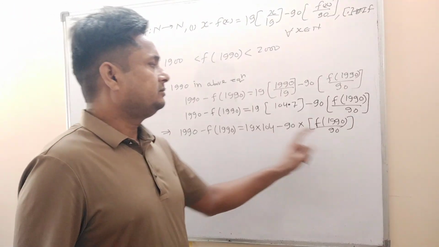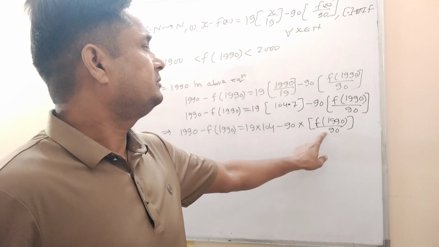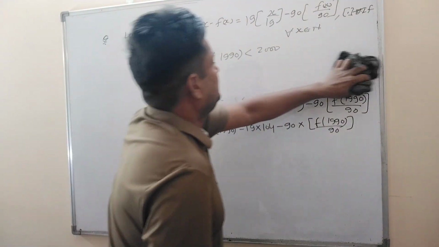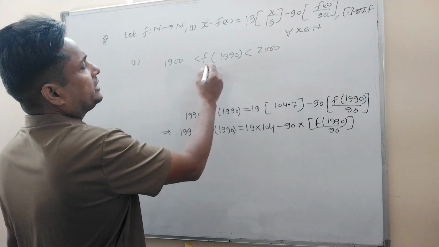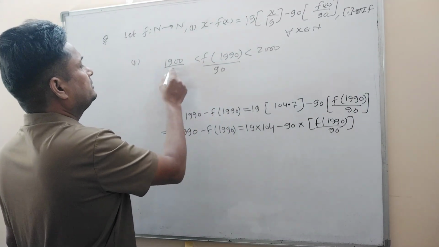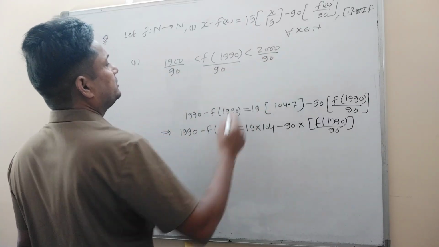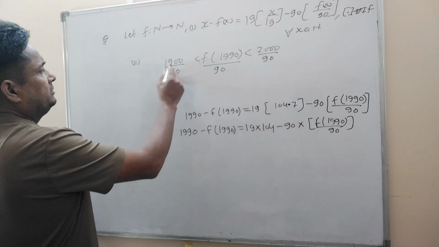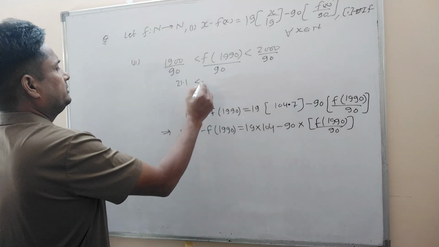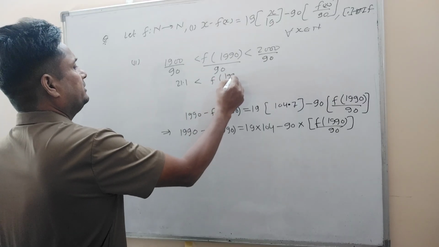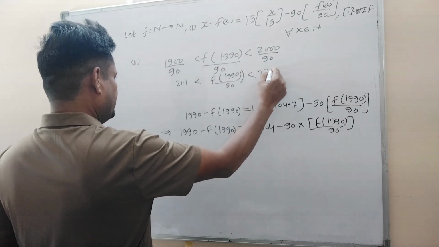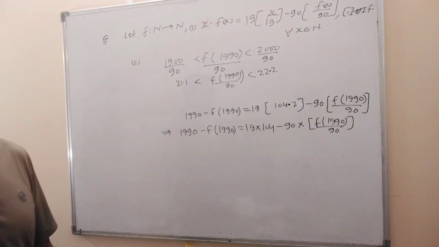We know everything here, but we don't know this value. This value we can calculate from this equation, right? Here we can divide this equation by 90. Then what will be the value of this? If you divide, f(1990) by 90 will be greater than 21.1 and less than 22.2.